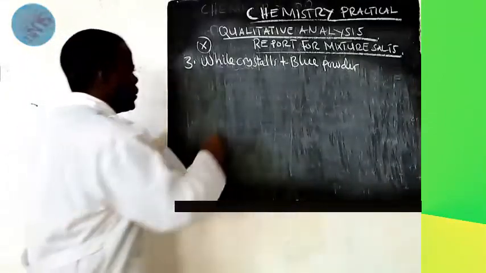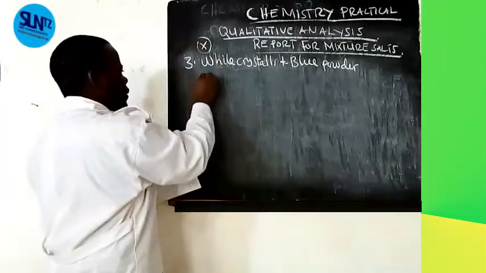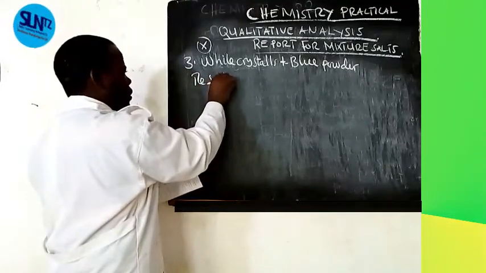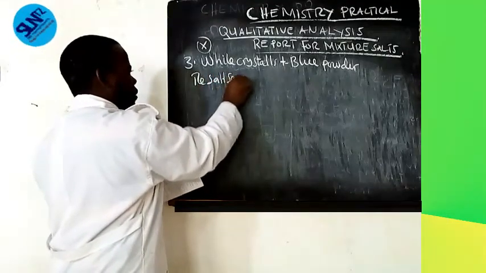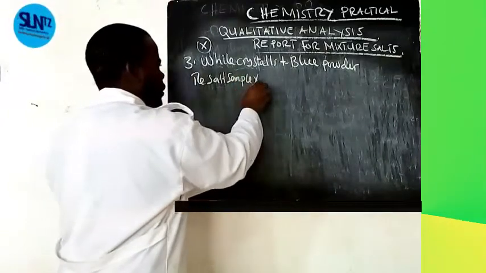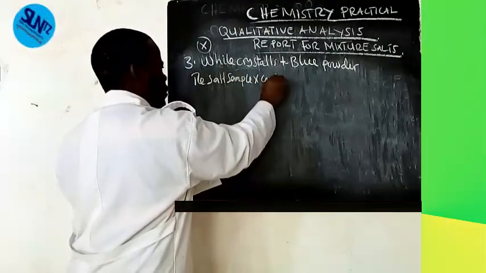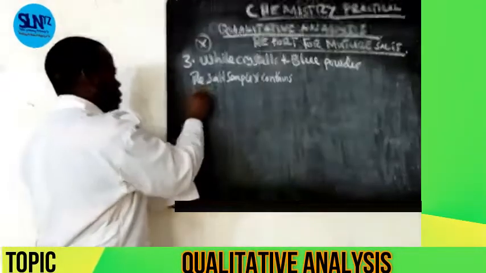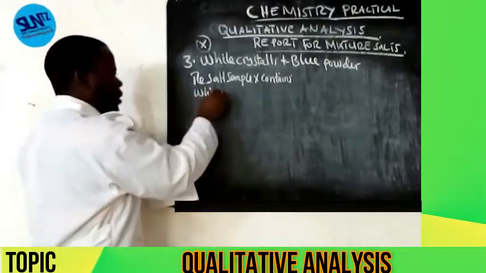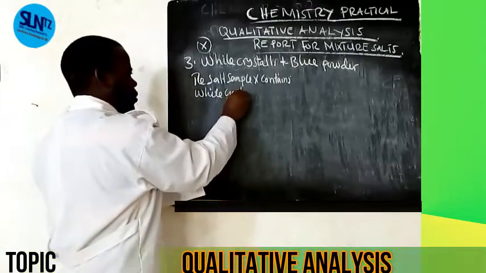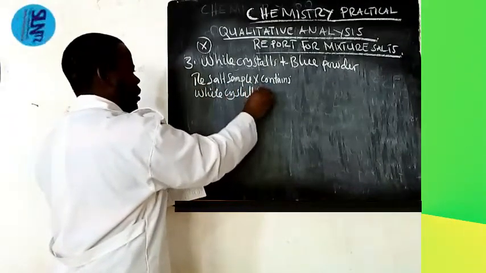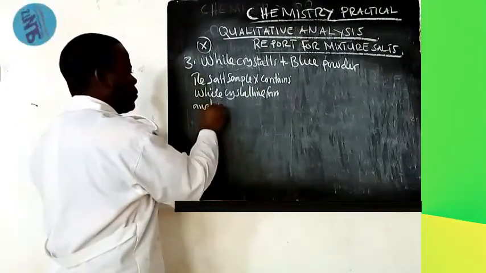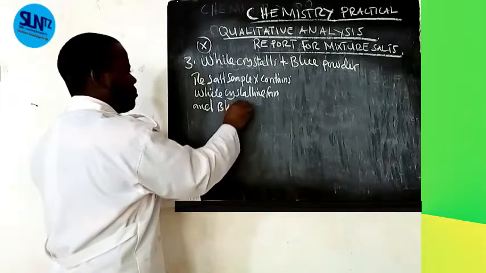So how to write? The sample, the salt, sample LC contains white crystal like the form and the blue powder.